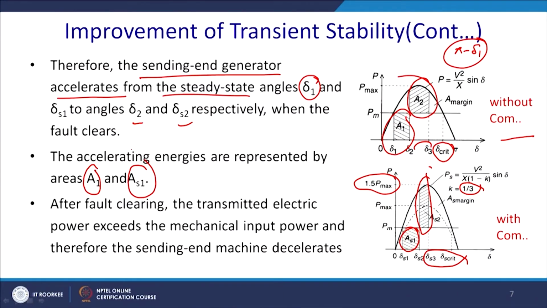The accelerating energy is represented by the areas A1 and AS1, and after the fault clearing, the transmitted electric power exceeds the mechanical input power, and therefore the sending end machine decelerates. So, we have to match these two areas, and here a huge margin is available for clearing the fault.